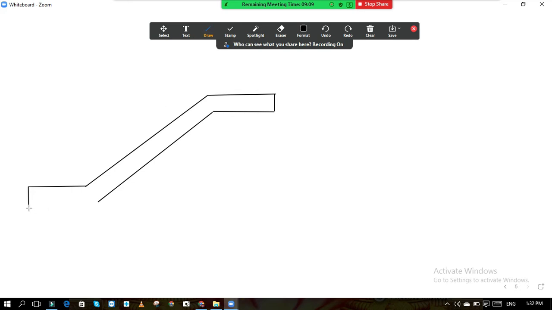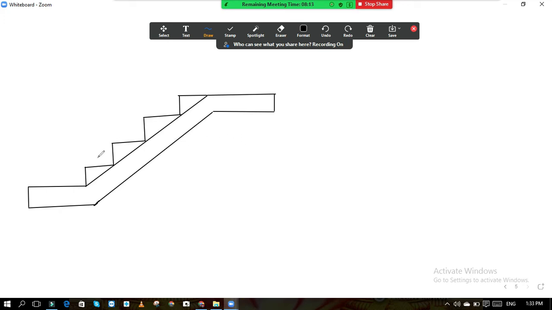Now this is the staircase which I have drawn over here. Now we will draw the steps on this. These are our steps and this is the waist slab below the step.